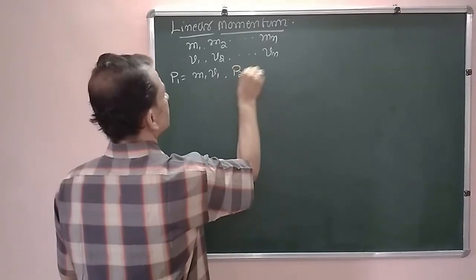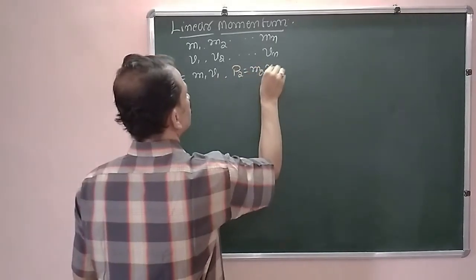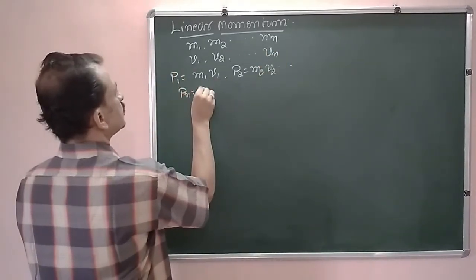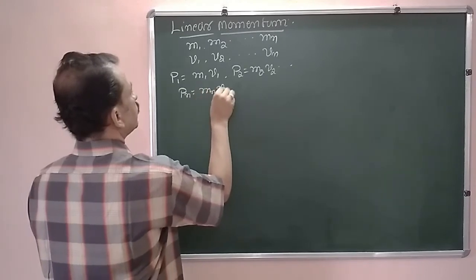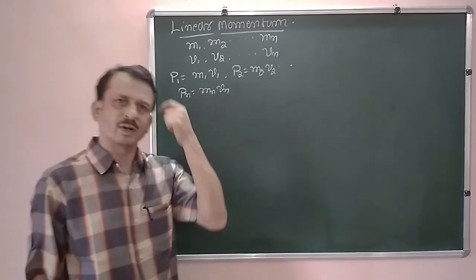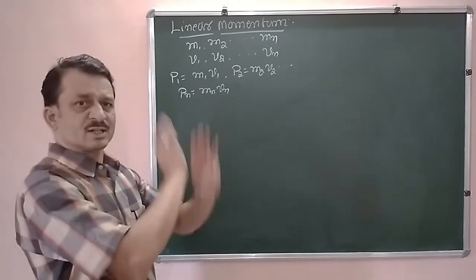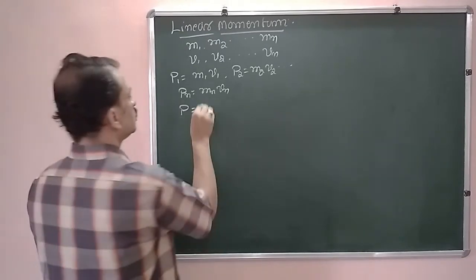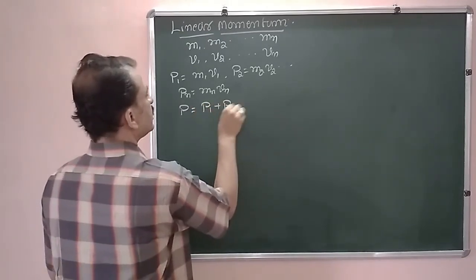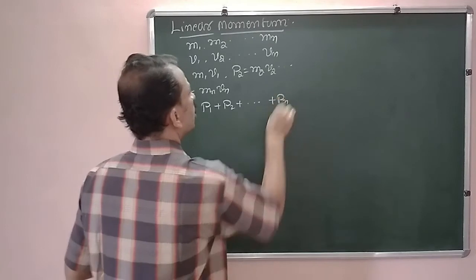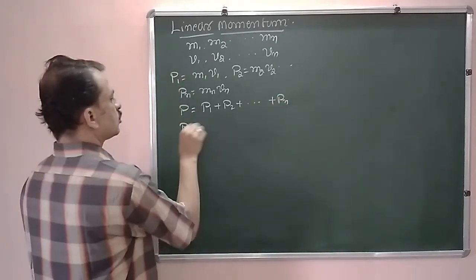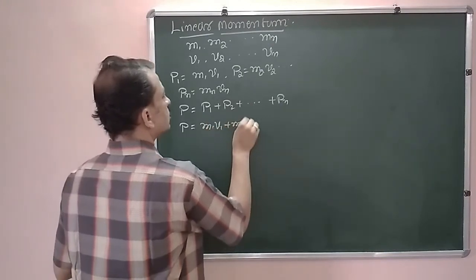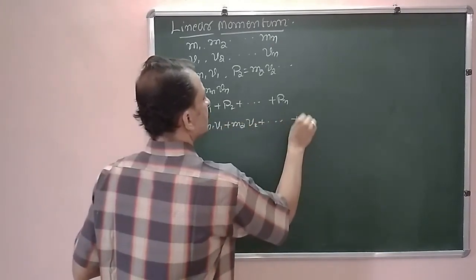Similarly, the second particle P2 is equal to m2 v2, and the nth particle Pn is equal to mn vn. These are the momenta of individual particles. The total momentum of the system P is the sum of the individual momenta of all the particles: m1 v1 plus m2 v2 plus and so on up to mn vn.